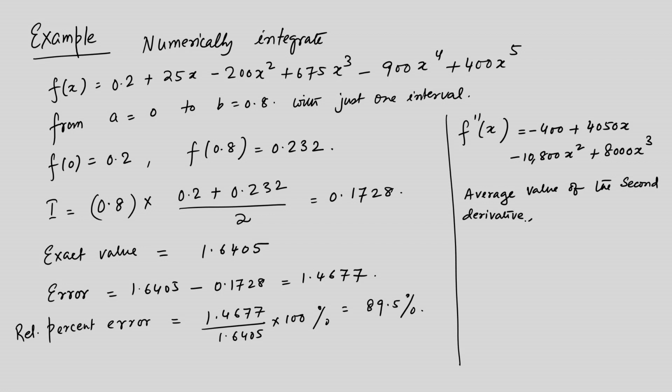This is equal to f double prime x, just to make it clear that a is less than x less than b.